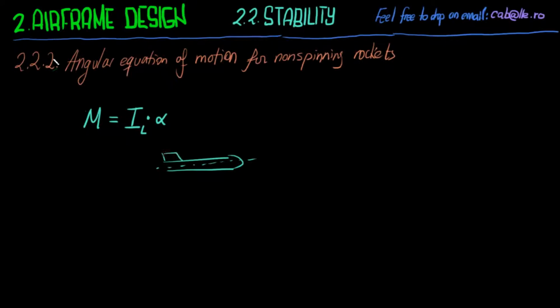Times the angular acceleration. Two dots means twice derivative in time.